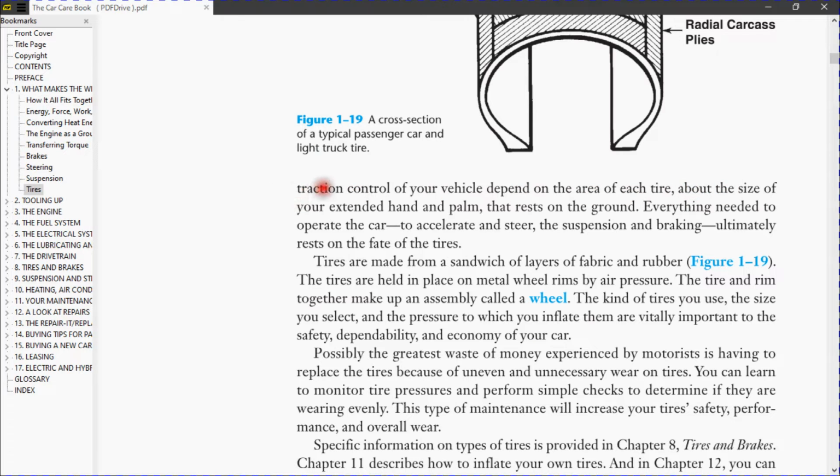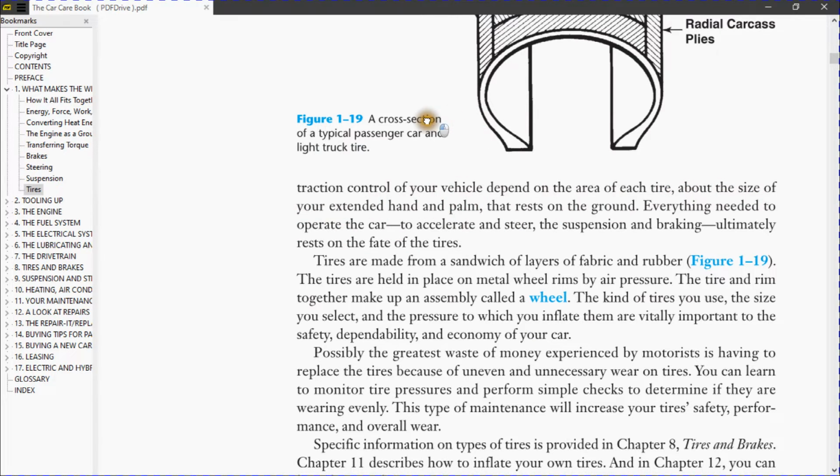Traction depends on the area of each tire, about the size of your extended hand and palm, that rests on the ground. Everything you need to operate the car, to accelerate and steer, the suspension and braking, ultimately rests on the fate of the tire.